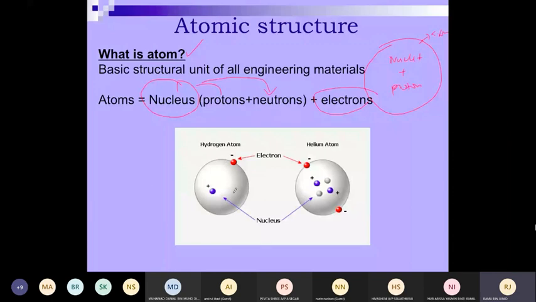So this is an atom. This is an example. This is proton, this is neutron.